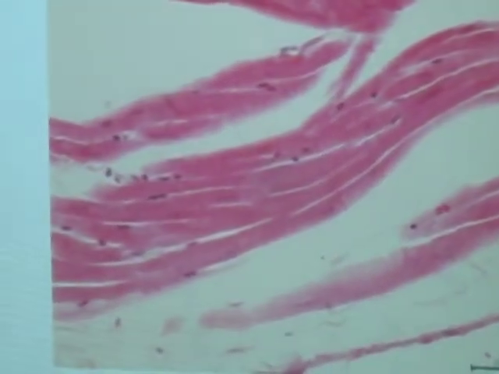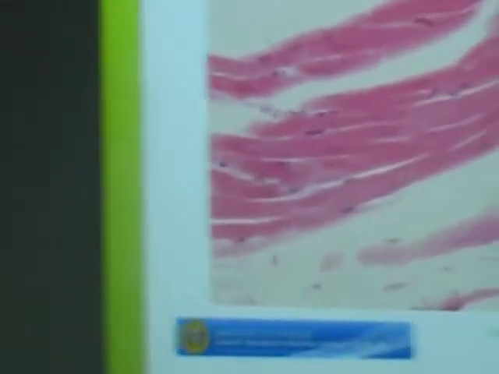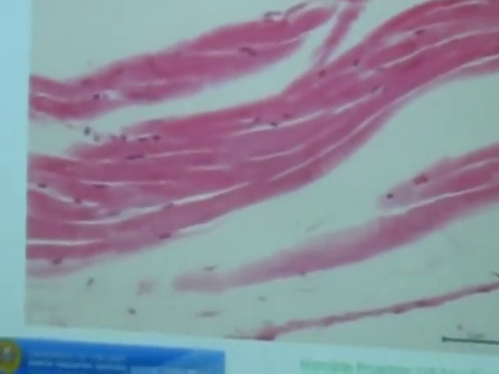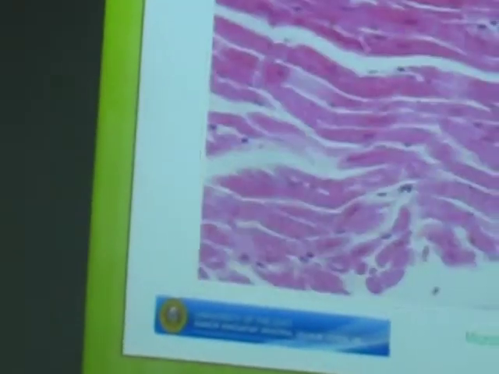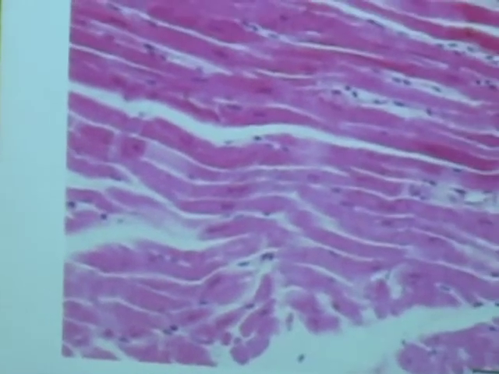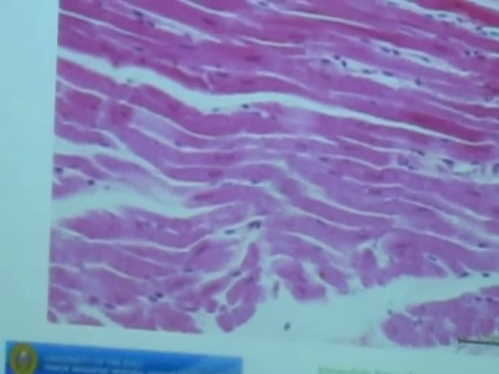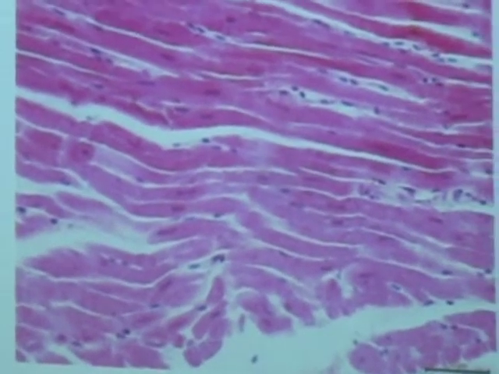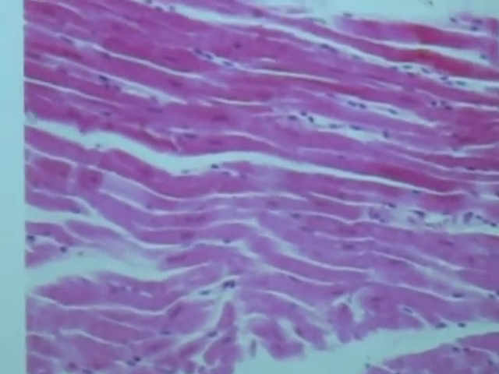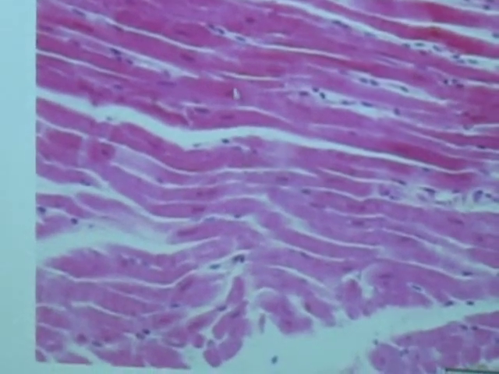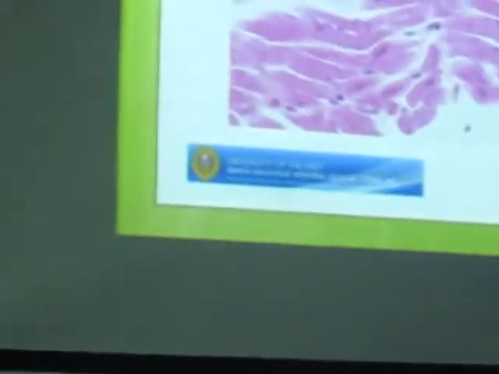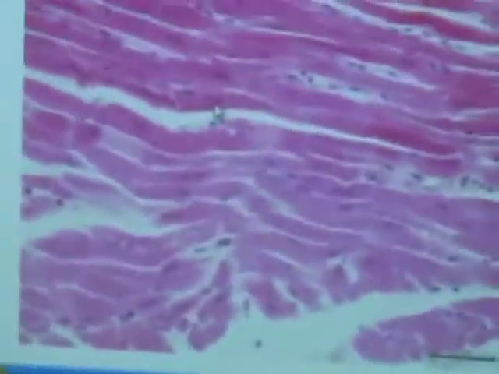Classify tissue, pointed tissue, be specific. Cardiac muscle. See, the difference is the nucleus is in the center.